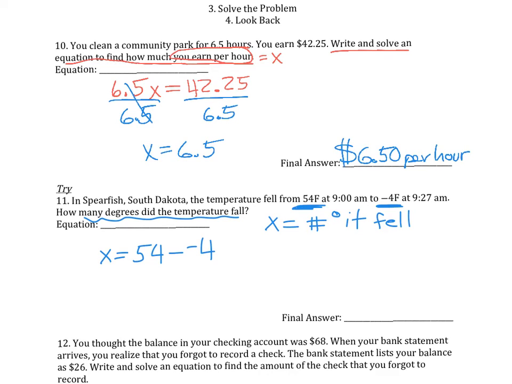So minus a negative actually becomes plus a positive, okay? And now we have x equals 58. So again, think about it in terms of the problem. That would be 58 degrees it fell. And does that seem reasonable, thinking it goes from 54 to -4? That definitely makes sense, okay?